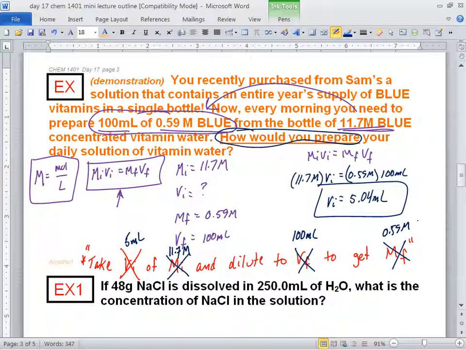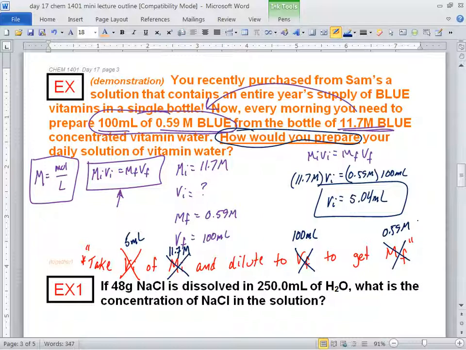These are called volumetric flasks. So this is the part where we dilute to 100 mils to get the 0.59 molar. It's a lot easier to use a flask with the mark that's built for it. Otherwise it wouldn't be very easy to dilute to 100 mils, because you have this volume to worry about, and you've got to be careful dumping in the solvent. When would you stop? It's so much easier doing it this way.